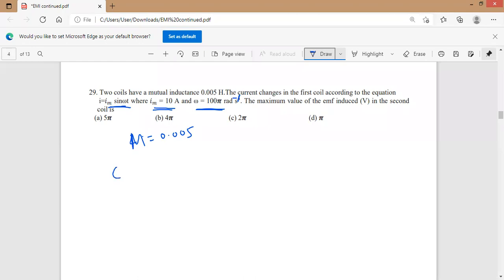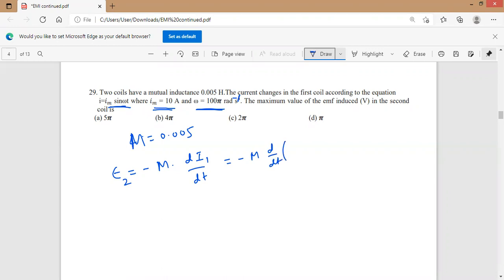So the EMF induced in the second coil is equal to minus M into the rate of change of current in the first coil, that is minus M dI1 by dt.